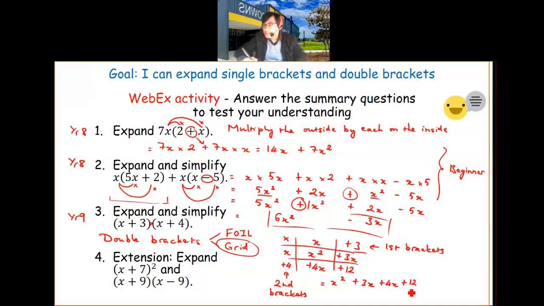What I can see is that the 3x and the 4x, we can combine them together because they both have x. They are like terms, so we can combine them.